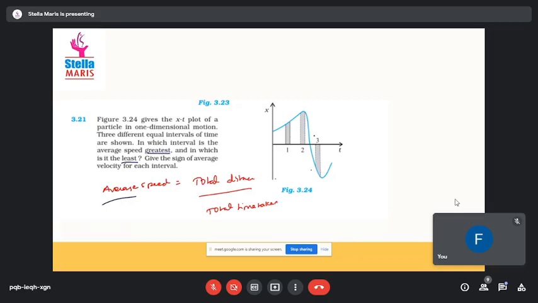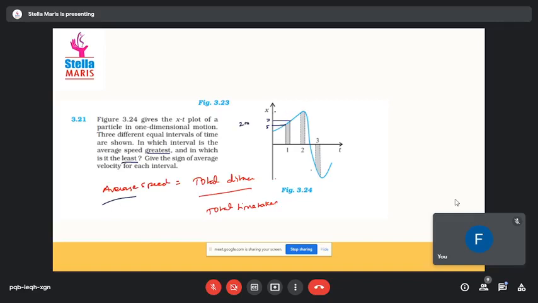Okay, actually it is going to be 2. Because, just as an example, let's say this is somewhere like 5 meters, and this is somewhere like 7 meters. So this is nothing but 2 meters.